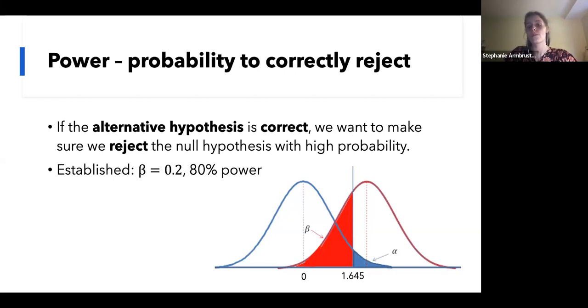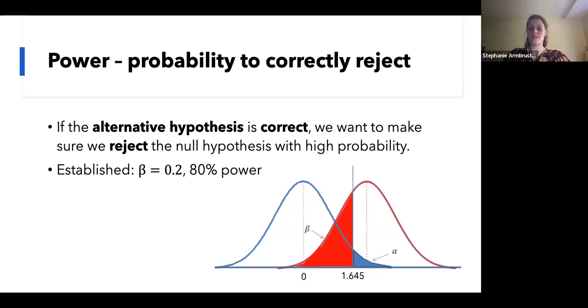So in order to obtain 80% power, we need to make sure that our beta is only 0.2. And beta here is the so-called type 2 error, which again we can compute based on this cutoff value of 1.645.